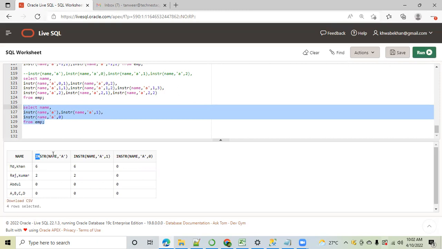What is the difference between this and this? Is the output the same or different?